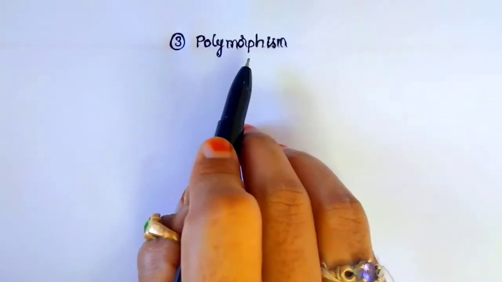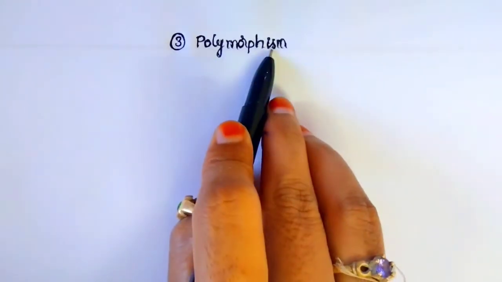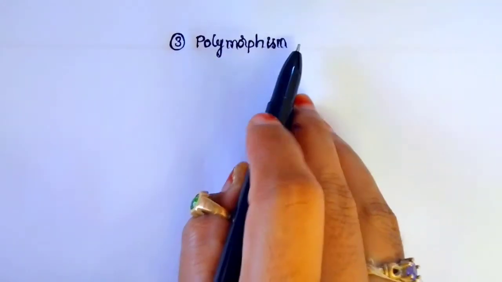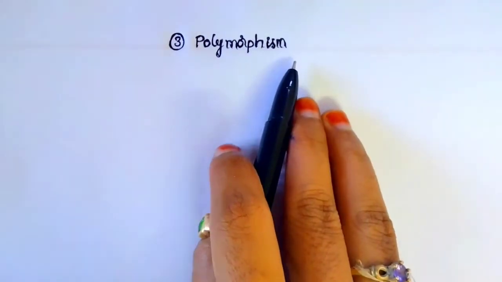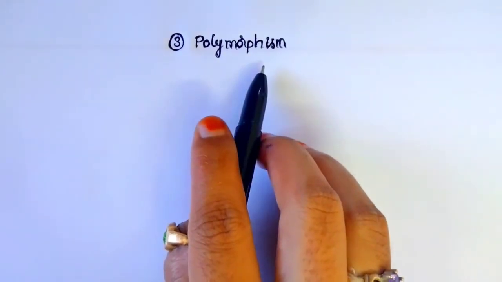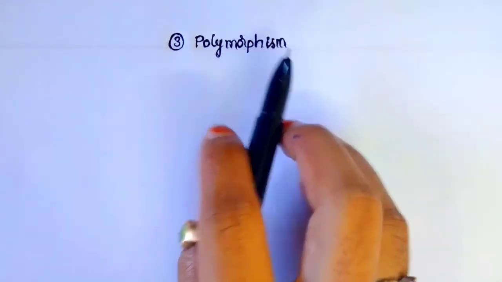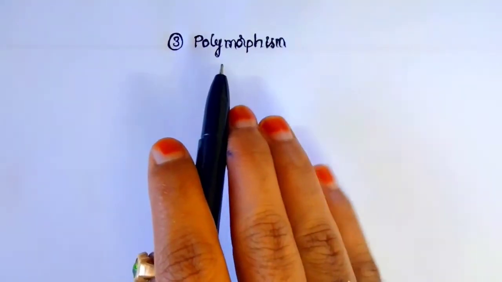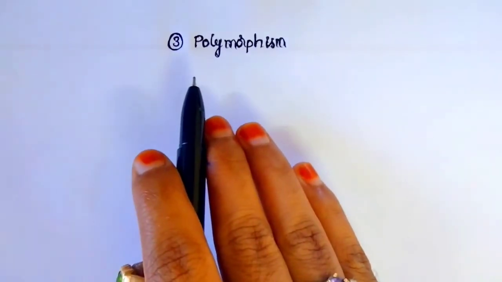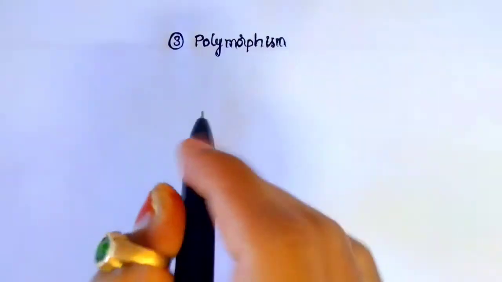Coming to the third one, that is polymorphism. What is polymorphism? The name polymorphism itself says poly means many, morphism means forms. So it is an ability to take variables and methods in different forms. Let's write.